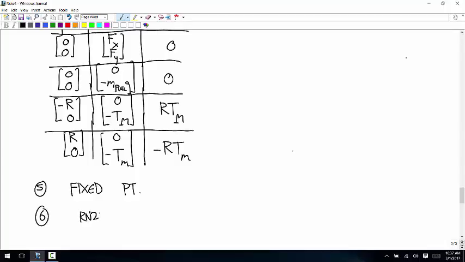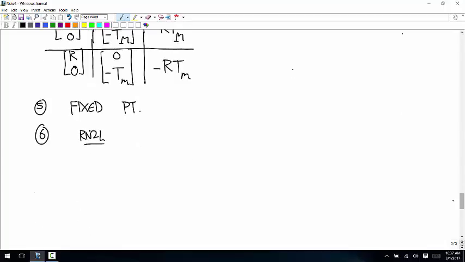So the rotational Newton's second law says R T sub big M minus R T sub little m is equal to I sub c times alpha.